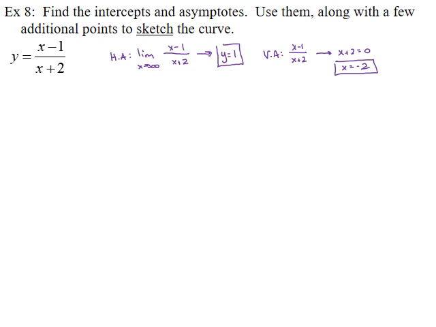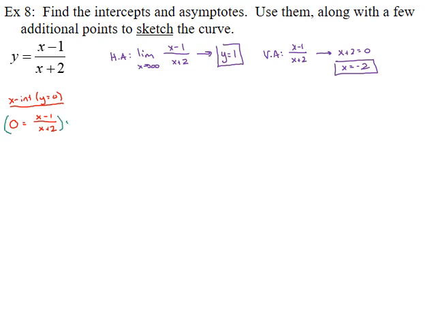Next thing it asks us is for intercepts, so I'm going to do that part in red. When you find an x-intercept, that is the definition from algebra of y equals 0. So if I let y be 0 in my original problem, that is 0 equals x minus 1 over x plus 2. I'm going to multiply everything by x plus 2 because I want to get rid of the fraction.